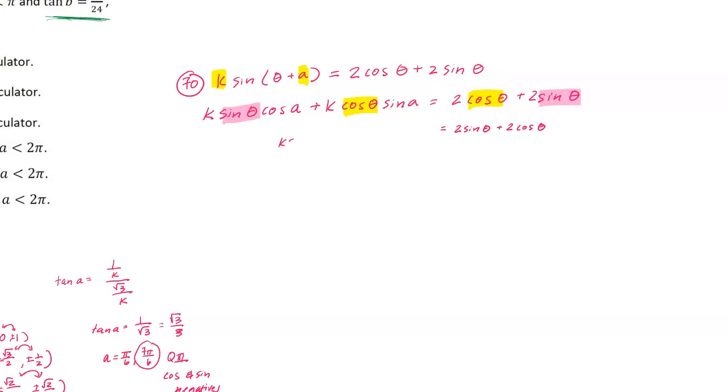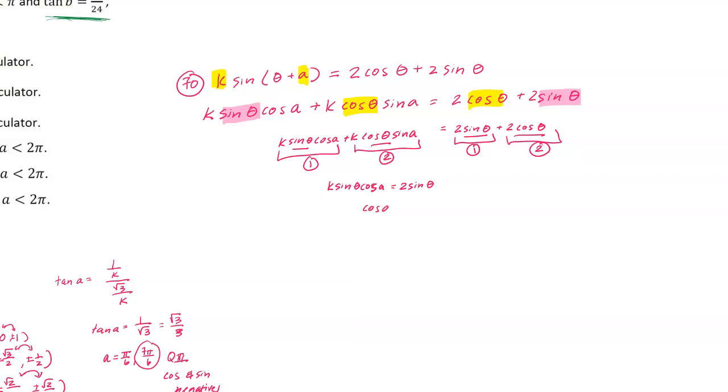So we have k sine of theta times cosine A plus k cosine theta sine of A. Now they match up. We have a sine of theta for this first term and that first term, and we have a cosine of theta for the second term. So I can set this one and this one equal to each other, and this one and this one equal to each other. So we have k sine of theta cosine of A equals 2 sine of theta.